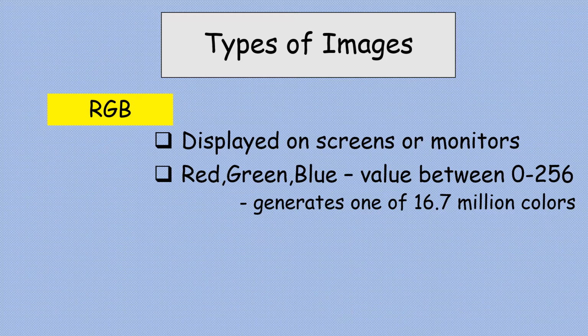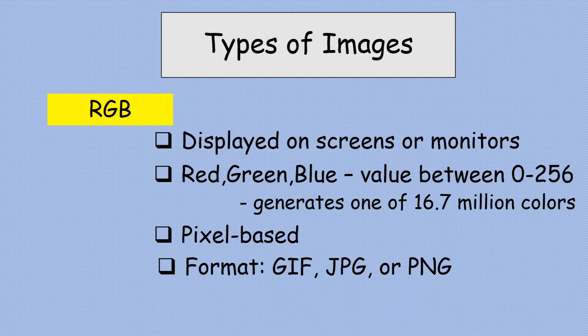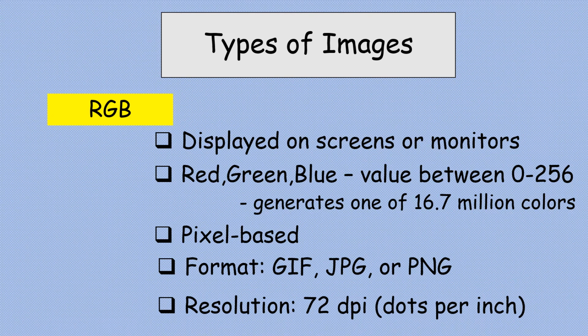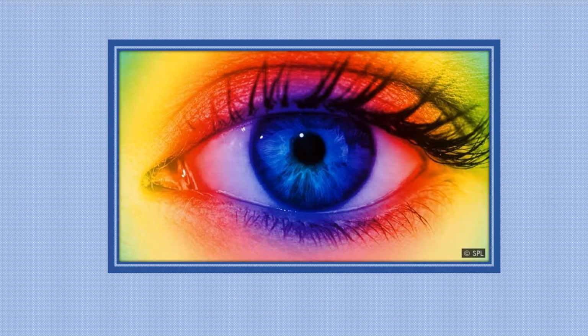The combination of three values generates one of 16.7 million colors. RGB image types are pixel-based with a file format of GIF, JPG, or PNG. The resolution is only 72 dpi, or dots per inch. This is the example of RGB image type.